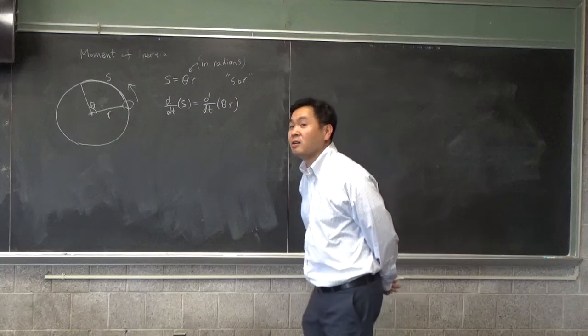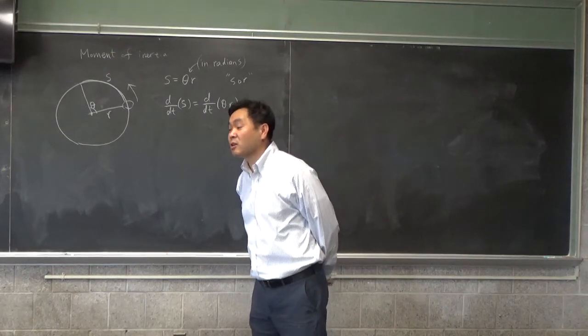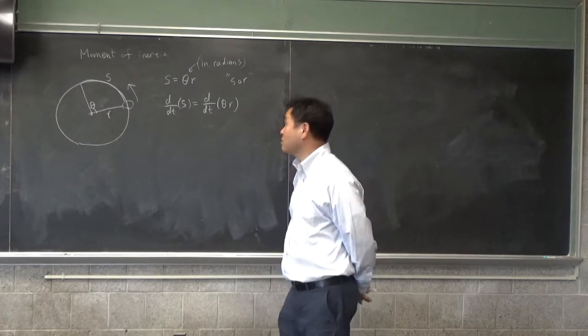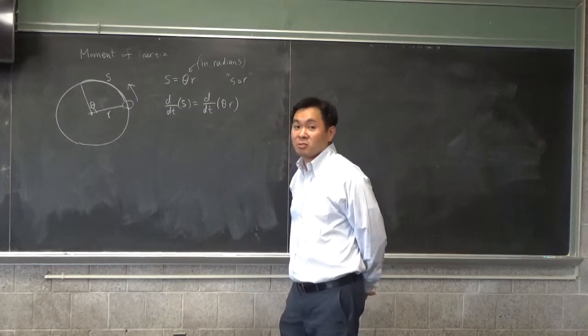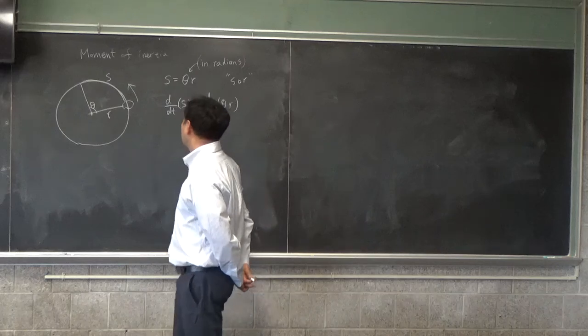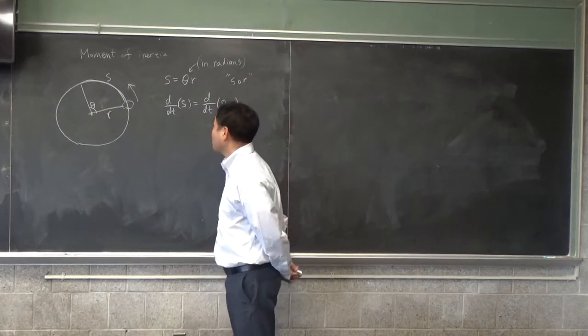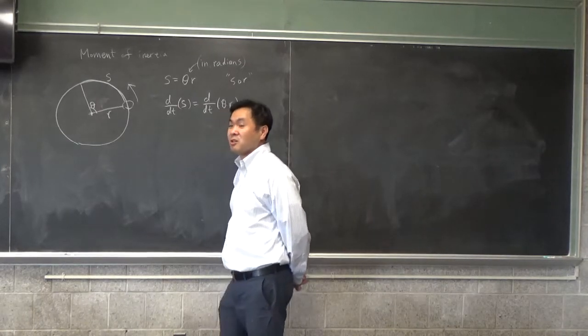Position? Velocity. Actually, it's speed, because it's the rate of change of the distance. Rate of change of the position is called velocity, right? That's a vector, whereas the rate of change of distance traveled is speed, which is a scalar.